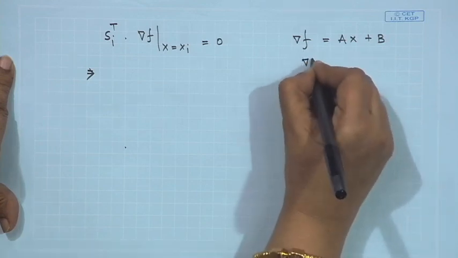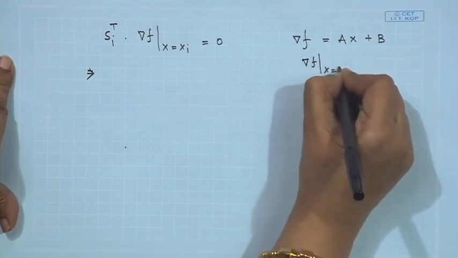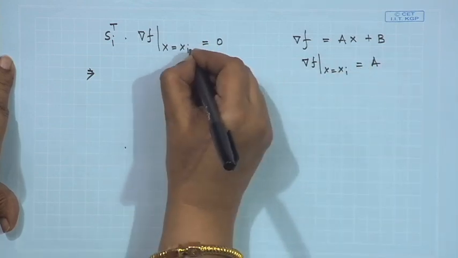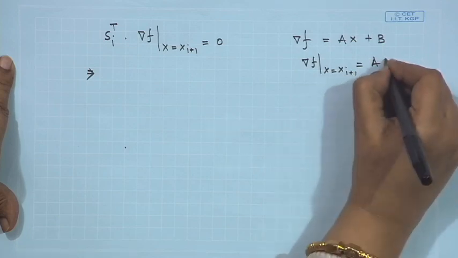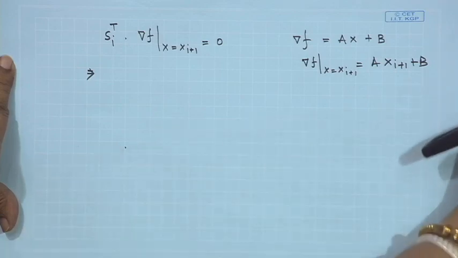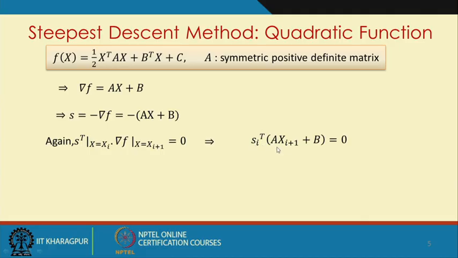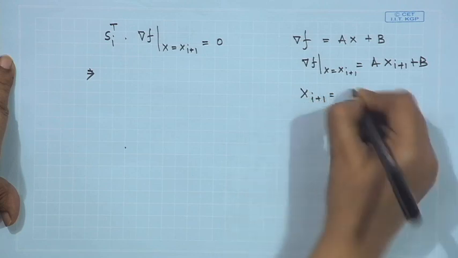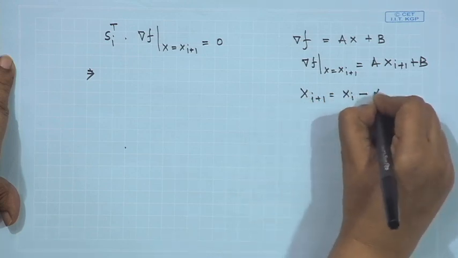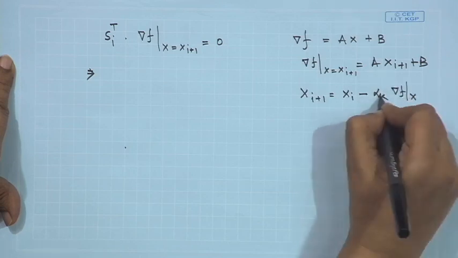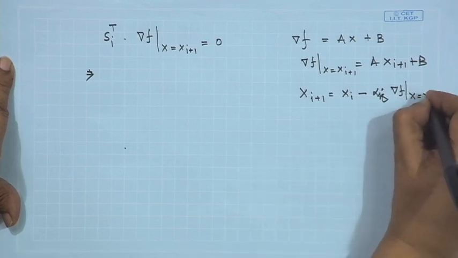That is why grad of f at x equal to x i plus 1 would be A x i plus 1 plus b, no problem. That is why here we can say s i transpose (A x i plus 1 plus b) is equal to 0. What else do we know? We know that x i plus 1 is equal to x i minus optimal alpha k into grad of f at x equal to x i.